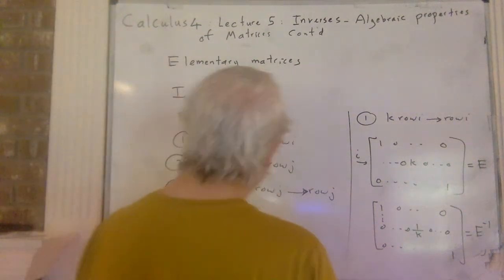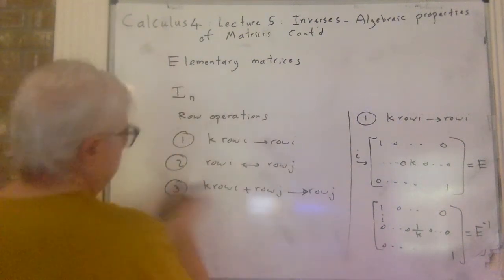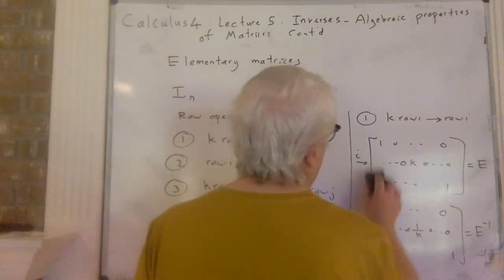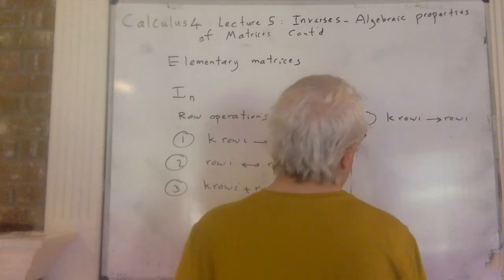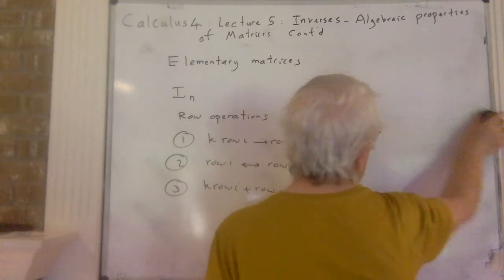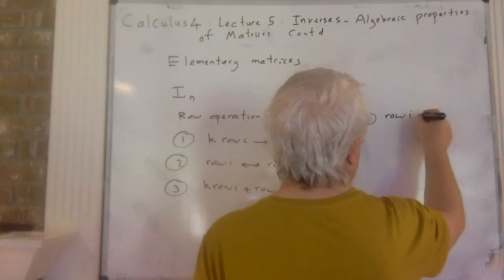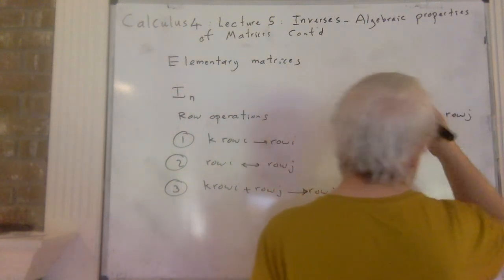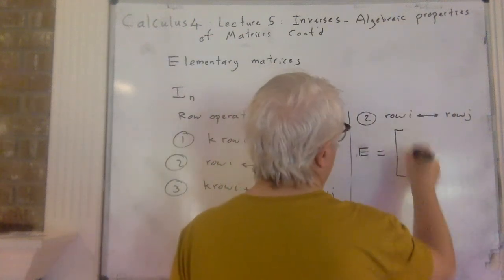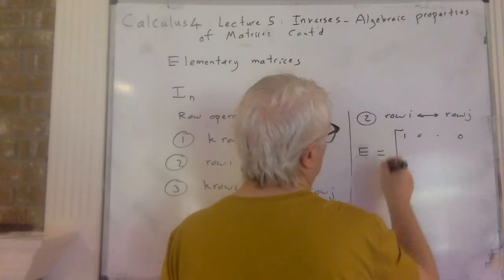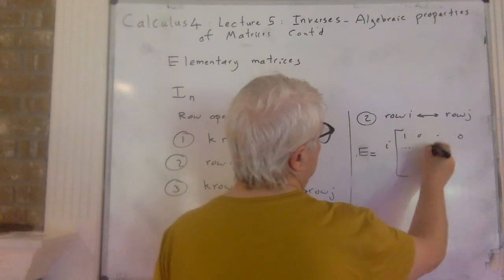Now, the other one, let's check this, row i and row j. I will give you examples in the end. So, number 2, row i and row j. Row i goes to row j and row j goes to row i. So what happens? The E will be like this. So I have say 1, 0, 0, and row i will be at j.